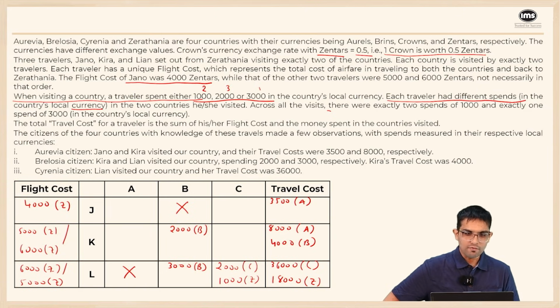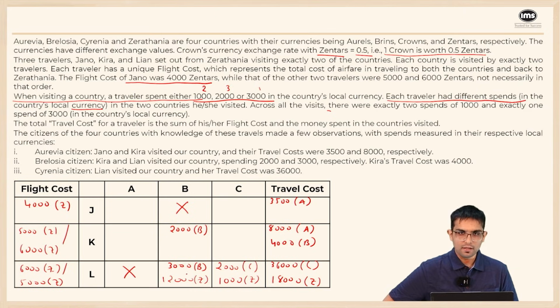Now we are left with 17,000. Now 17,000, if we subtract 6,000, then 11,000 is not a multiple of 3,000. Hence, this flight cost must be 5,000, and then 5,000 plus 1,000 is 6,000. This will become 12,000 Z.